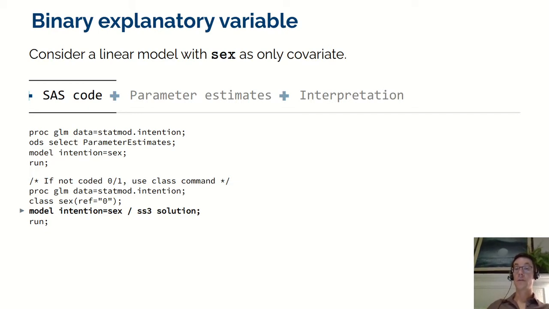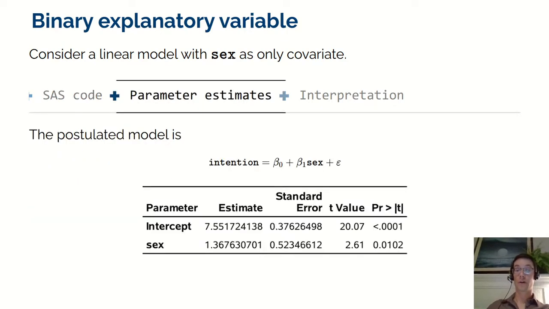Let's compare the parameter estimates of the two different outputs. Your model here is beta naught plus beta 1 sex plus error, and the fitted model would be written as intention with a hat. Intention hat is 7.55 plus 1.36 times sex.